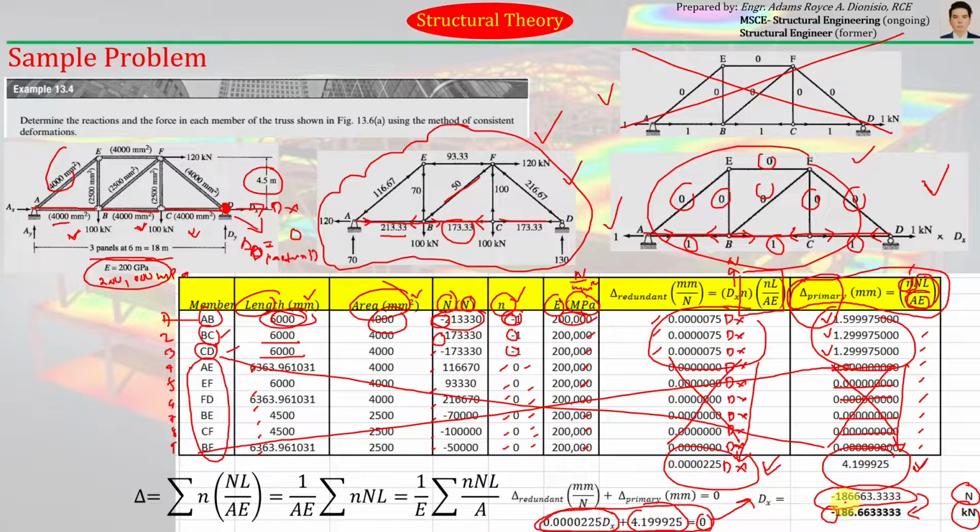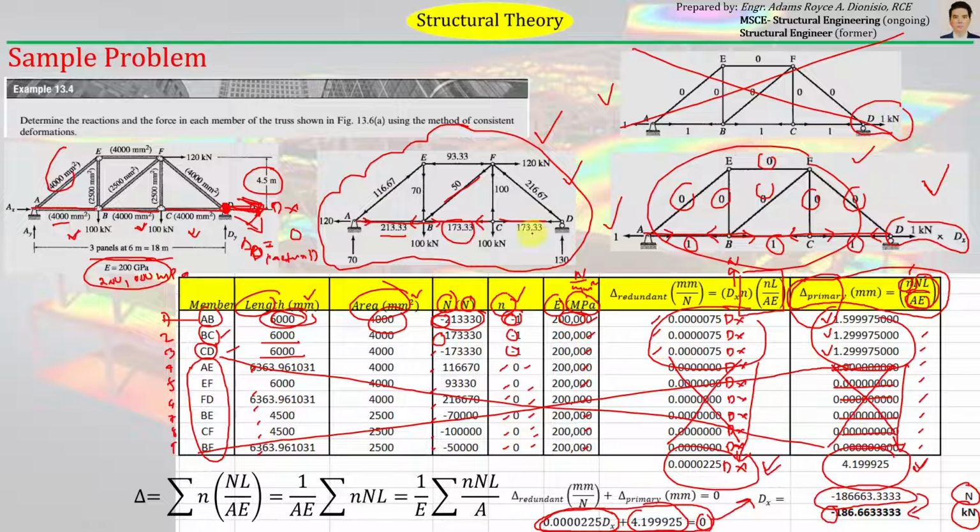It just means that our assumed direction of the redundant dx is actually opposite the actual direction. On this sample problem, we originally assumed that the direction of dx is going to the right. That's why all of the directions here are going to the right. We assume that the direction of the redundant force is going to the right.